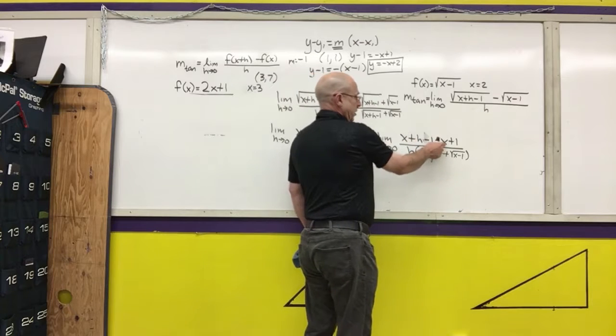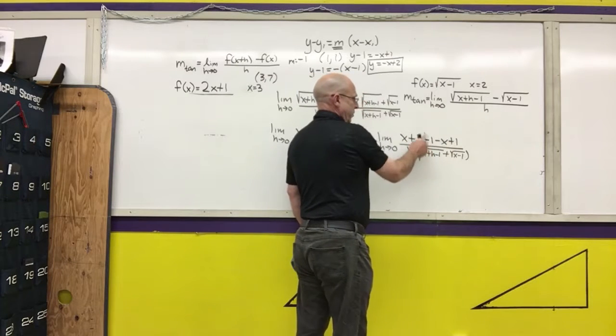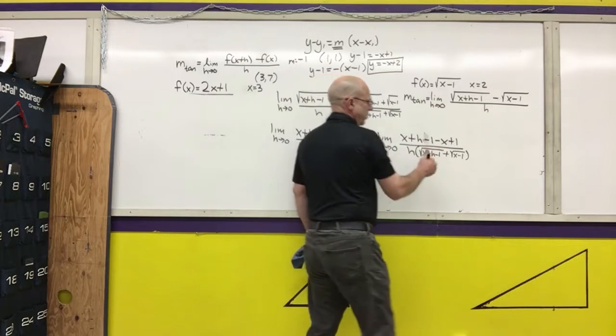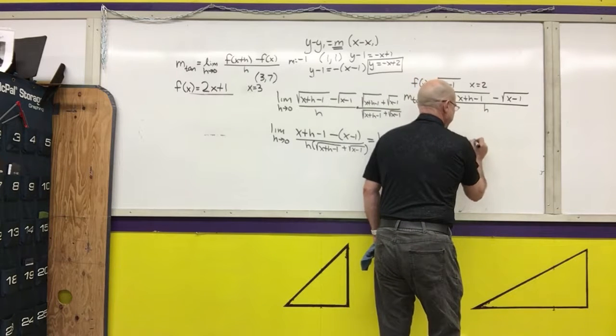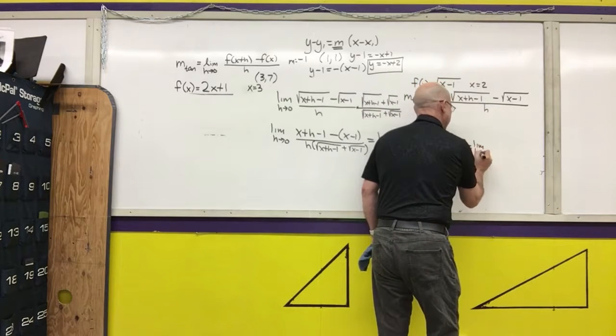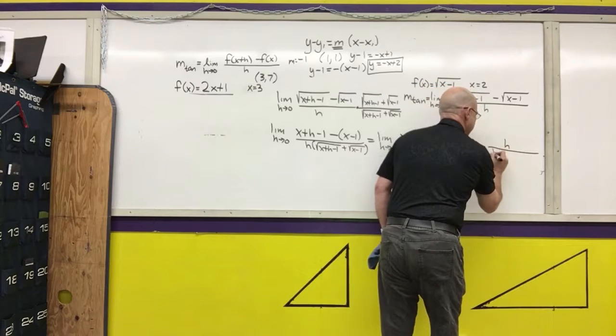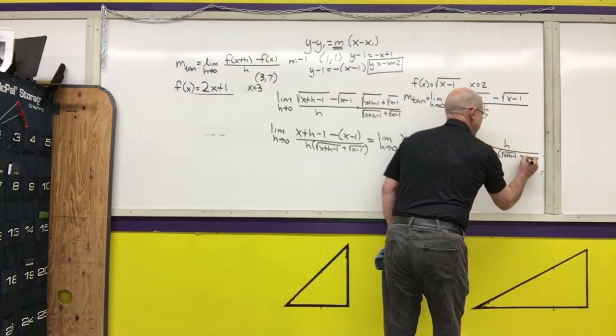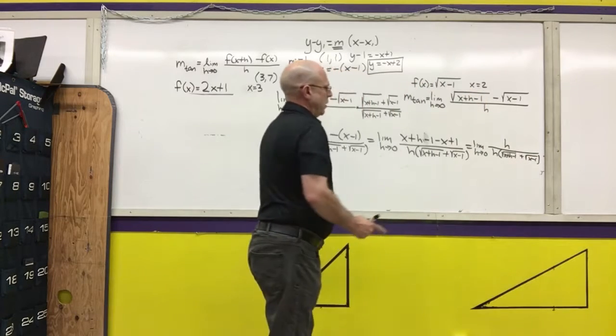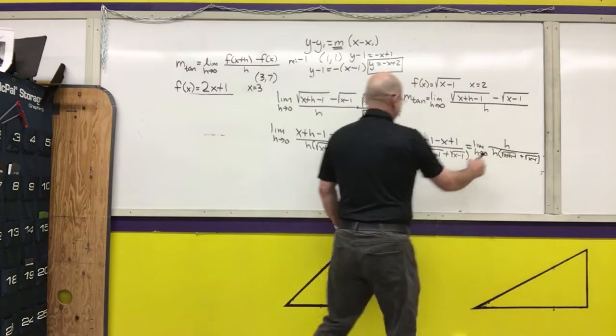X minus x is 0. Negative 1 plus 1 is 0. I'm left with h over h in the denominator, times the square root of x plus h minus 1 plus the square root of x minus 1. H over h is 1.